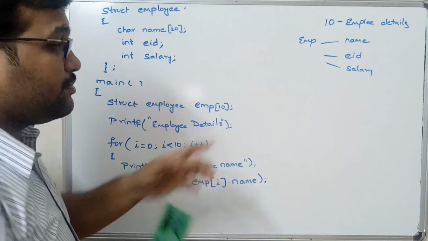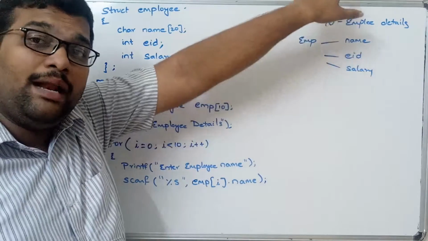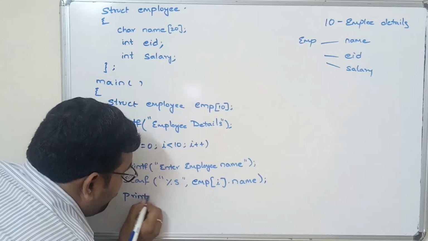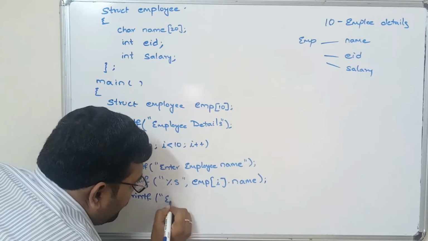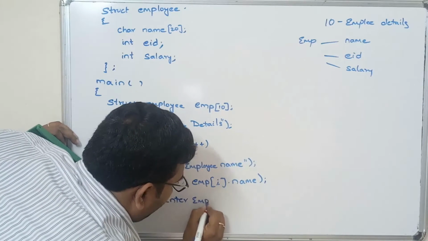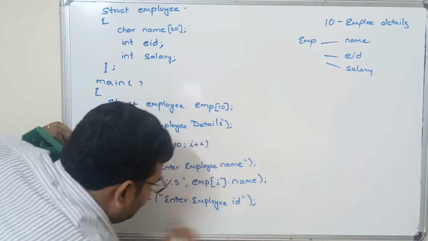Next, we have to read the employee ID for 10 employees. Again, printf enter employee ID.